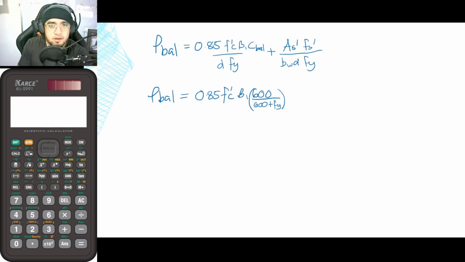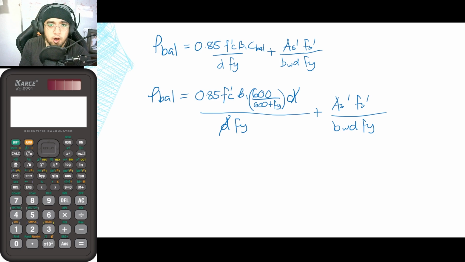So this is now divided by D times Fy plus AS prime times Fs prime divided by BWD times Fy. Okay, so as you can see, D here would now cancel out.